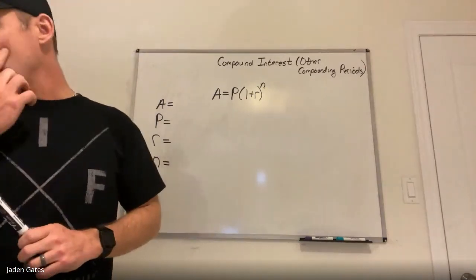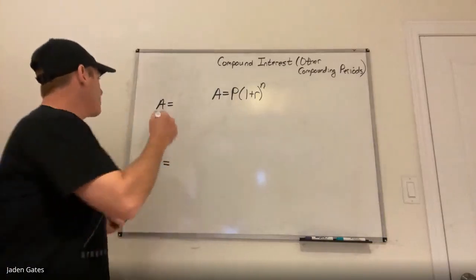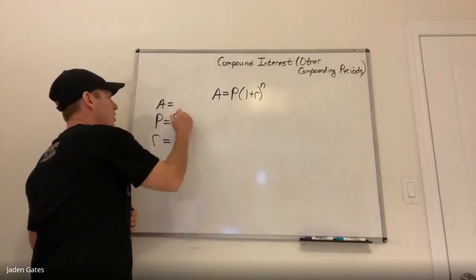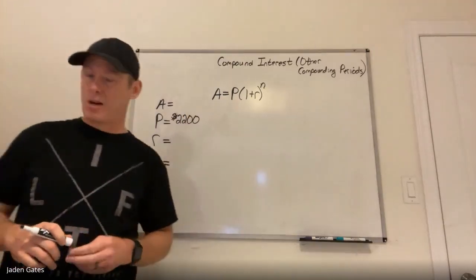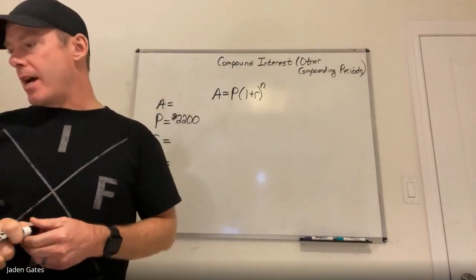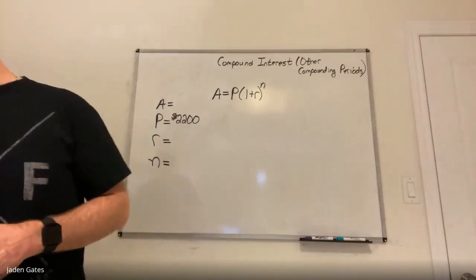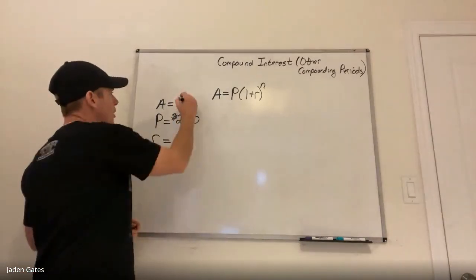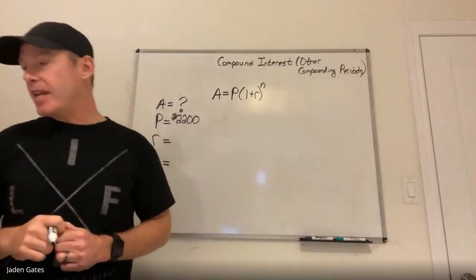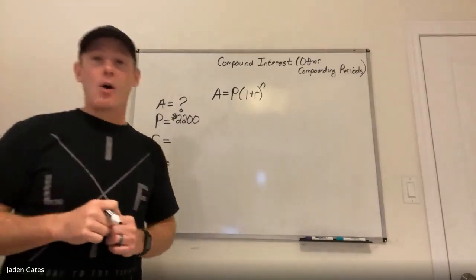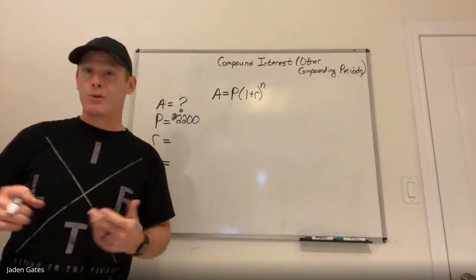Now, in this case, and again, this is a true story, I borrowed $2,200 to buy a computer, a desktop, a long time ago. All right, now, it goes unpaid, and so I want to know how much my bill accumulated to. All right, now, the interest rate that I paid was 23.5% because I was in university.